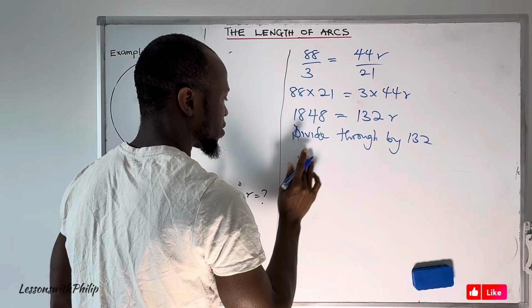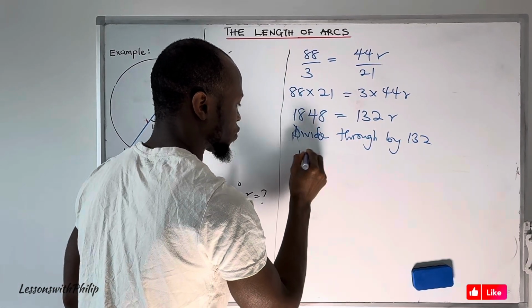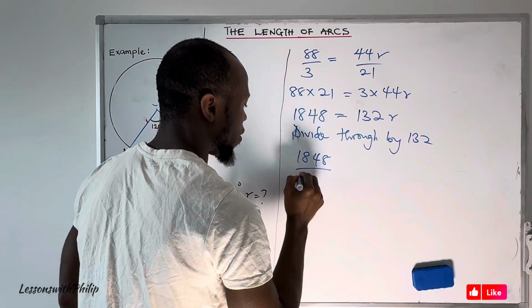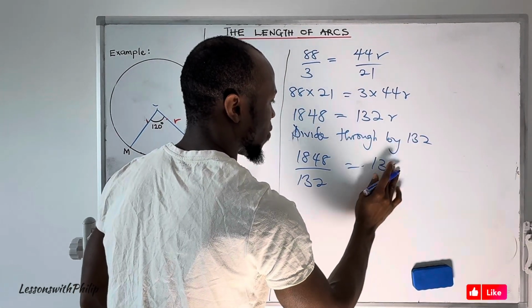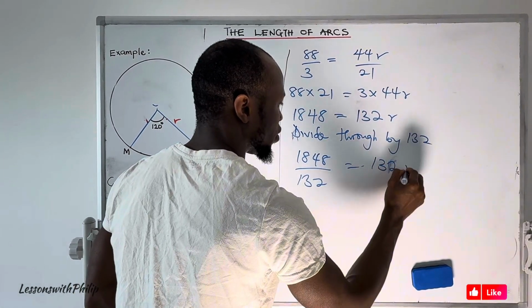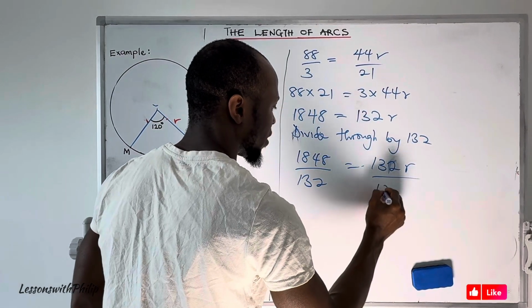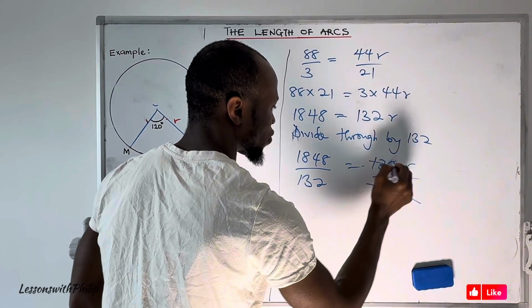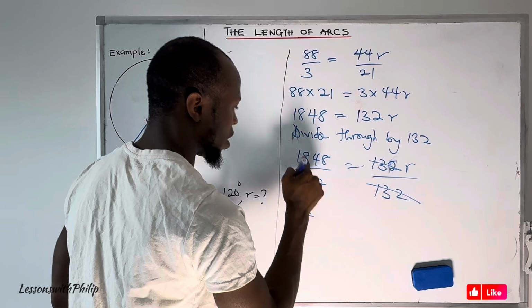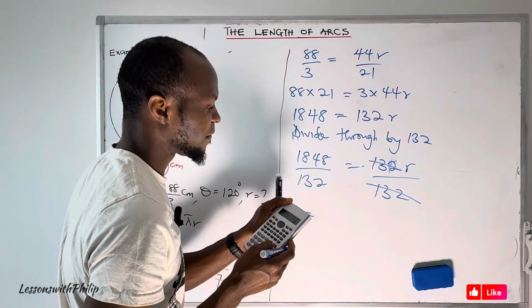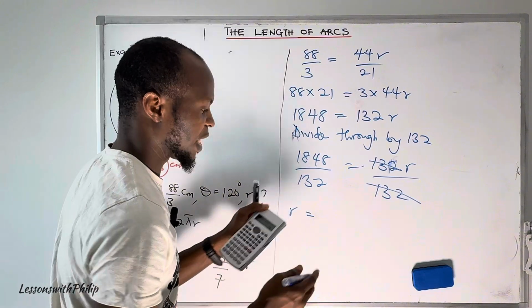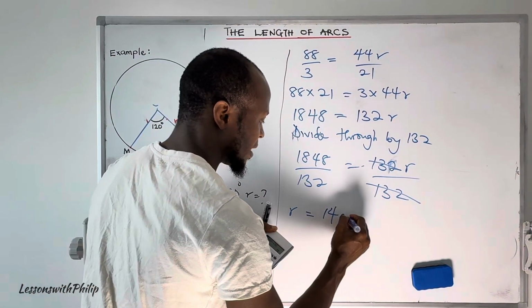So 1848 will be divided by 132, and 132 times radius divided by 132, the 132 will cancel 132. So my radius is now equivalent to 1848 divided by 132, and that will give me 14 centimeters.